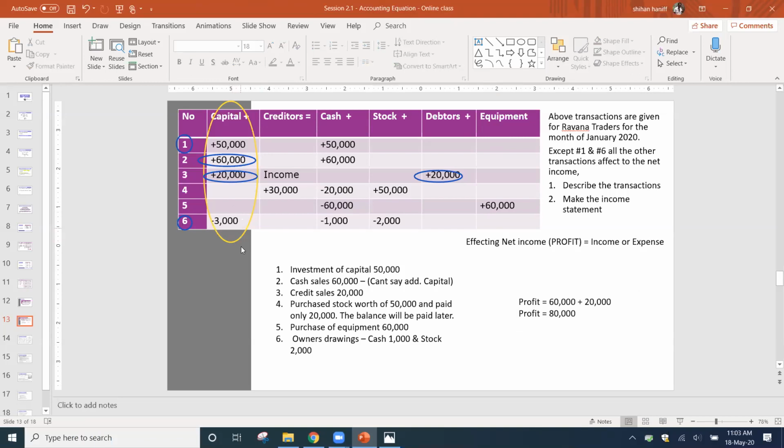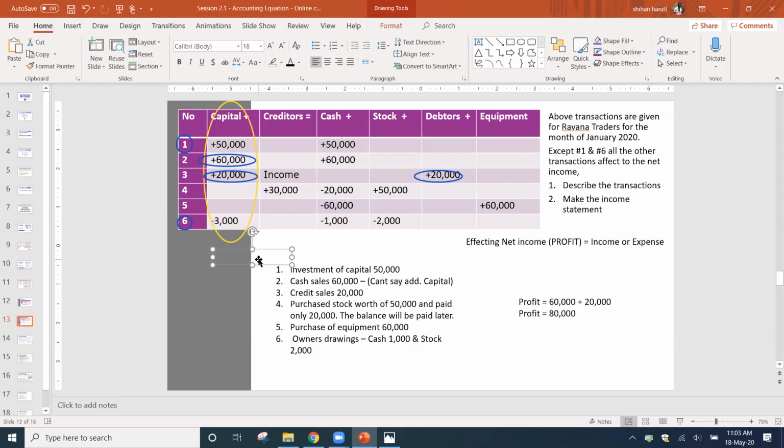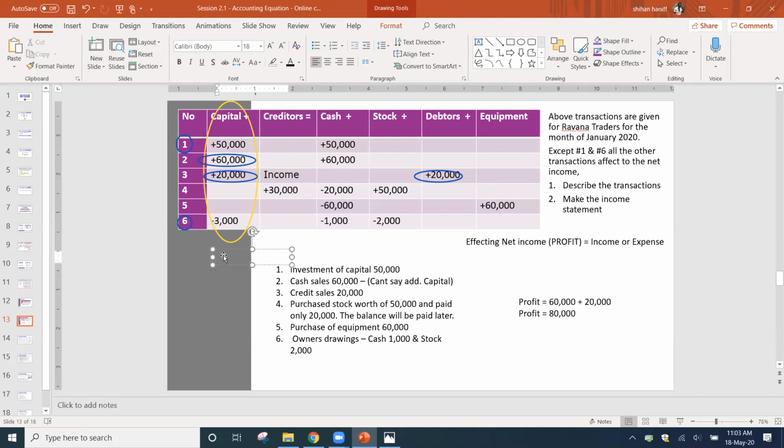So if you are calculating from the capital equation, closing capital is 50 plus 60 plus 20 minus 3, 127.